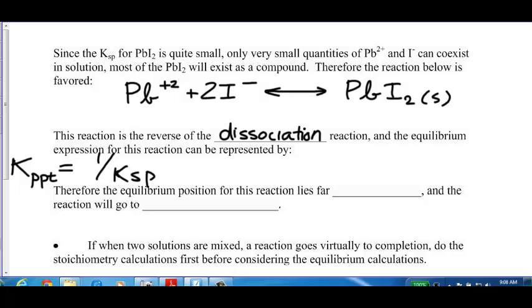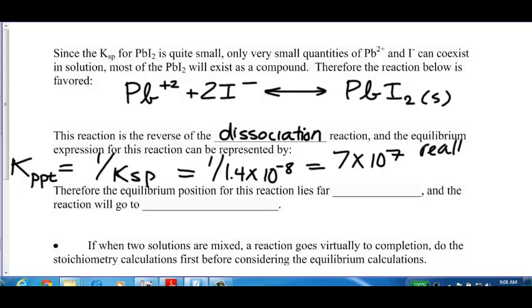So we can get the K for this reaction by taking the solubility dissociation reaction and taking 1 over the K. 1 over 1.4 times 10 to the negative 8 would give us the K for this reaction. 7 times 10 to the 7th. That's a big number. It's a really big K.